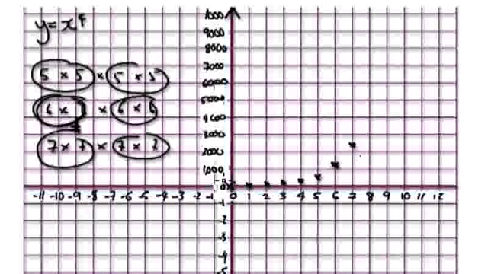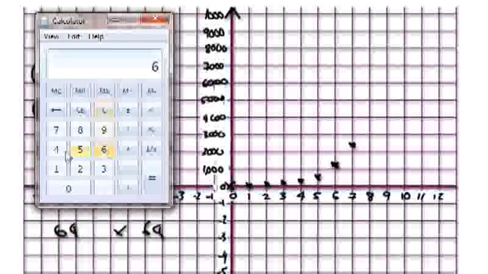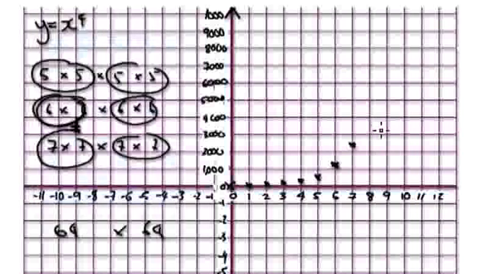And now it's 8. So it's like me saying 64 times 64. 64 times 64 equals 4,096. I'm just going to say around about 4,000. Okay, so it climbs up like this.